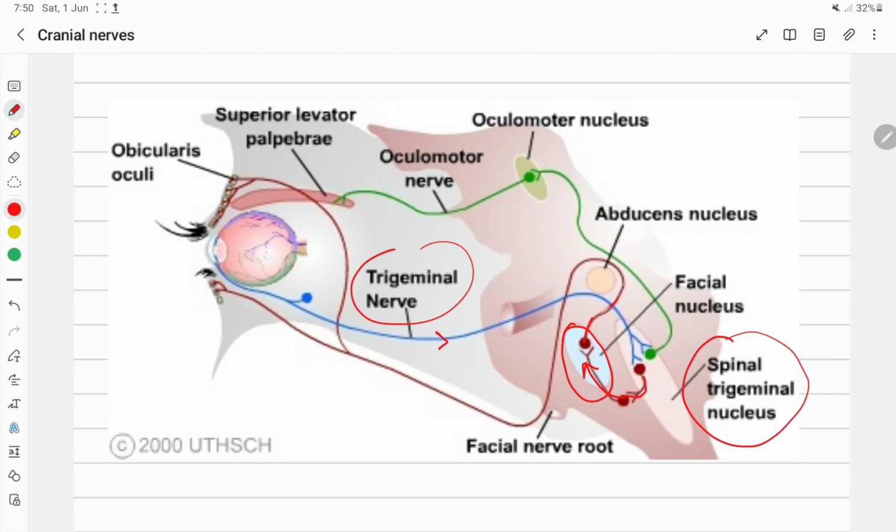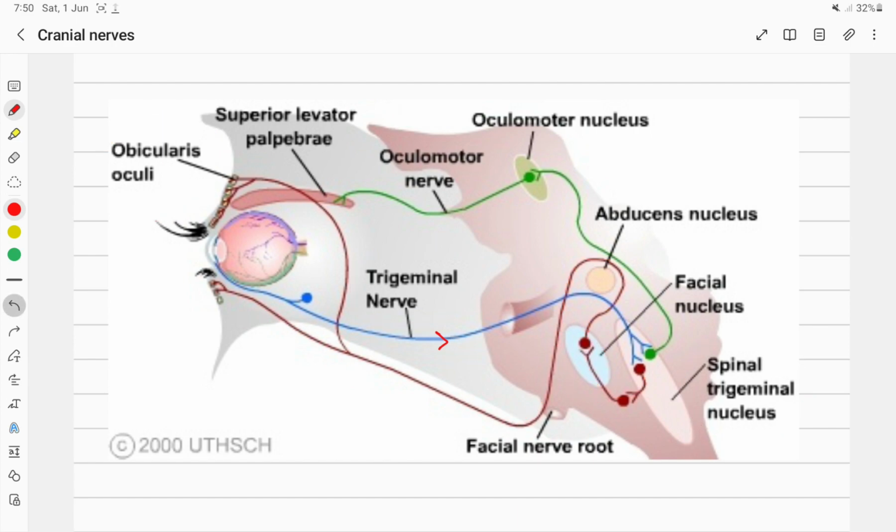Then from the motor nucleus the fibers go to the orbicularis oculi muscle. As a response from the orbicularis oculi muscle, the eyes get closed. That is the corneal reflex. Hope you are clear with the corneal reflex.